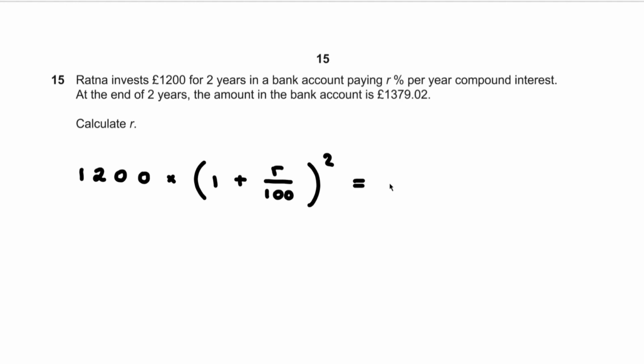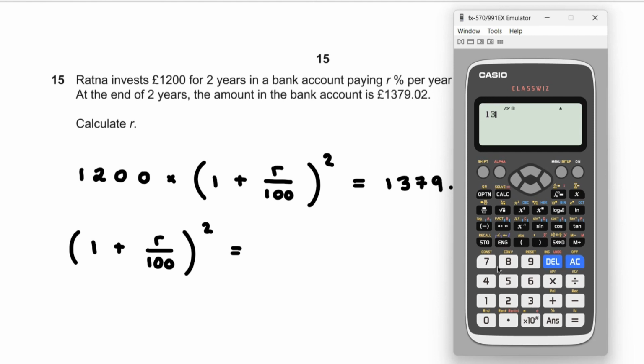And the result of this is 1379.02. So, I've got 1 plus R over 100 squared, and this is equal to 1379.02 divided by 1200.